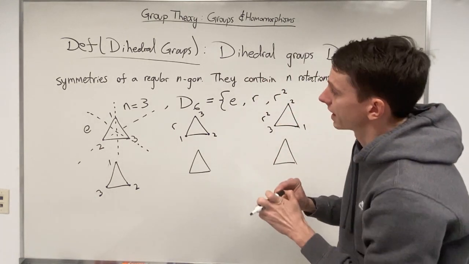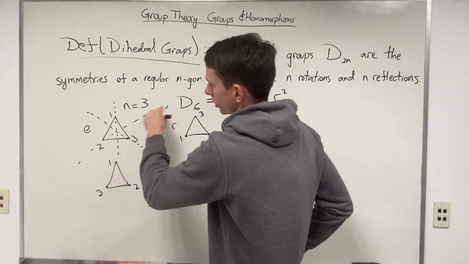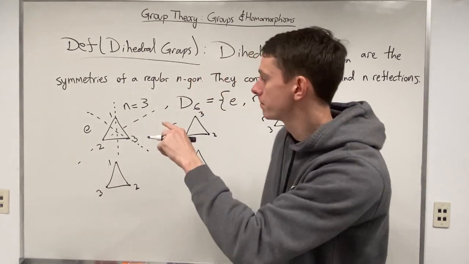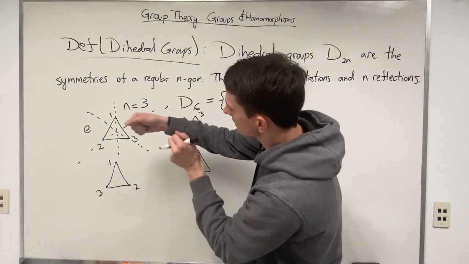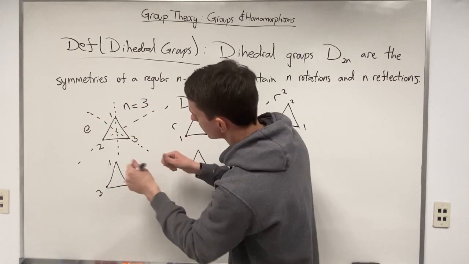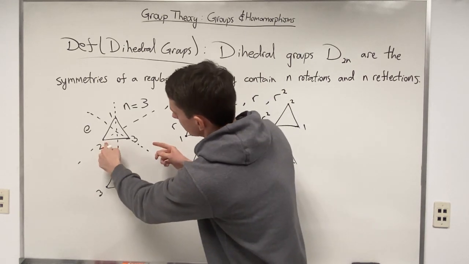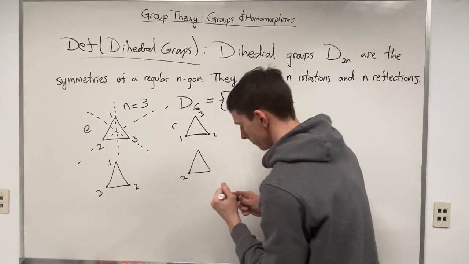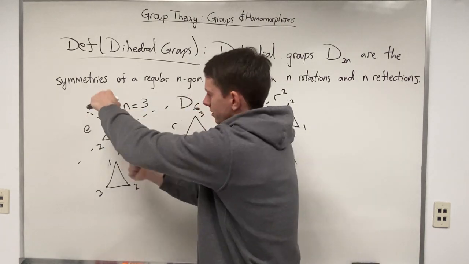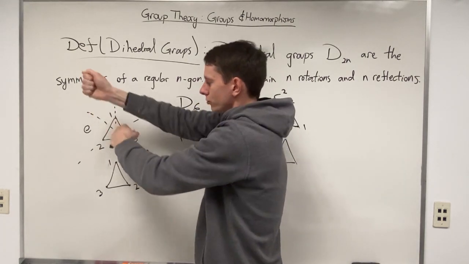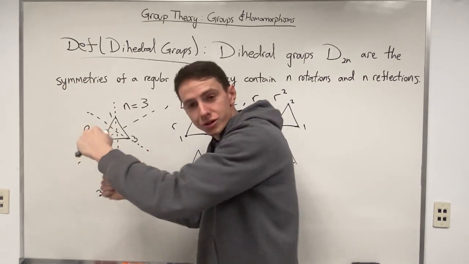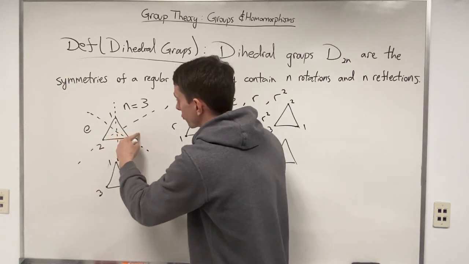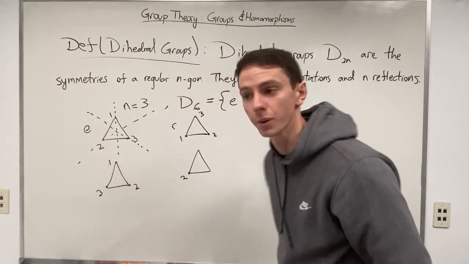Let's imagine a different axis now. Let's imagine maybe this one going from the bottom left to the upper right. If we were to reflect the triangle about this axis, that would be like fixing 2 in its original spot, so keeping 2 right here. But then taking the triangle and rotating it by 180 degrees, so now 3 is in the 1 spot and 1 is in the 3 spot.